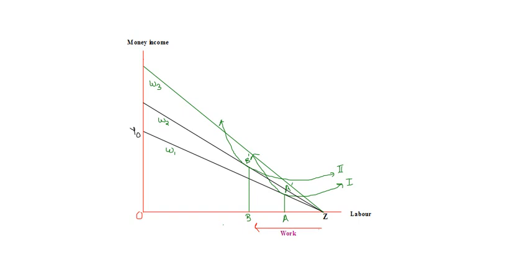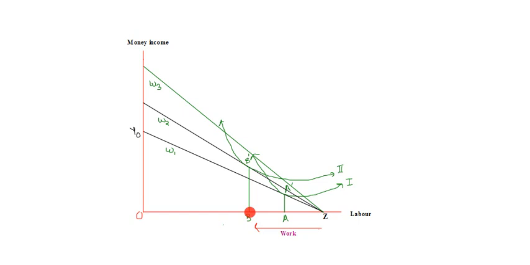Now if the wage rate has increased from W1 to W2, this individual will be willing to work, say, for more hours. So we have taken a point B, which has been obtained by the tangency of the second indifference curve at the downward sloping line, indicating that the wage rate has increased. The second indifference curve is tangent to the second line at point B dash, which implies that at this point the individual is willing to work more than in the earlier situation.